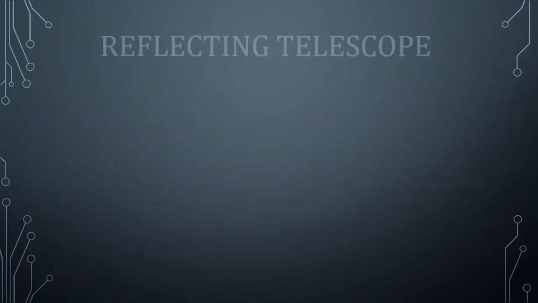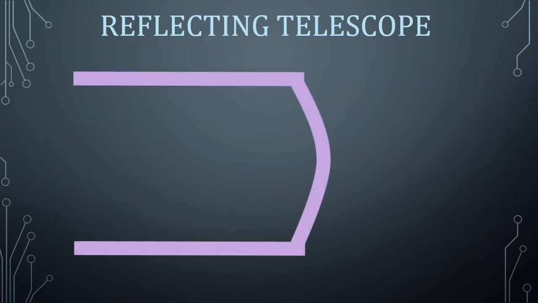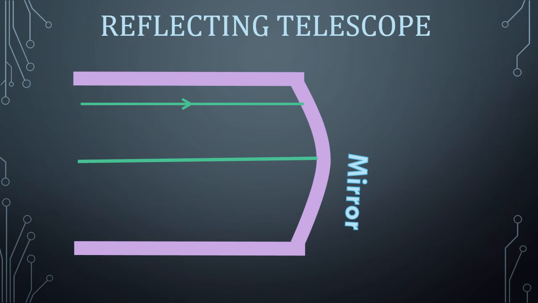Reflecting telescope. The tube of the reflecting telescope is shown in the figure. Here, the curved part is a concave mirror. Now, if we are using this telescope to view an object which is far away from us, then the rays coming from that object will be parallel to each other. Consider two such rays coming from a distant object which fall on the mirror.